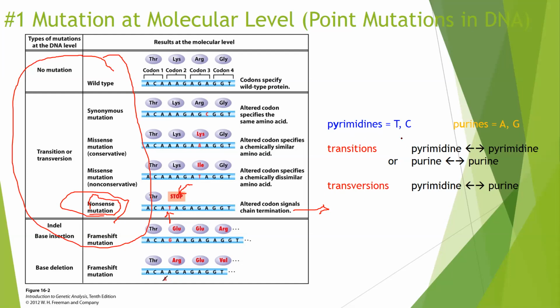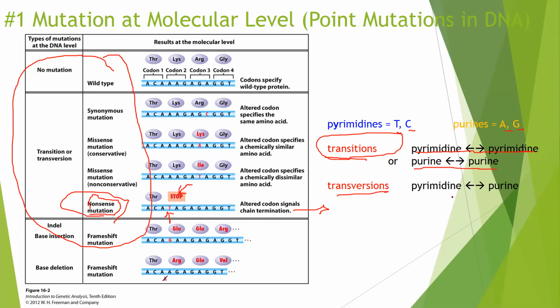Okay, and there are some other concepts here, the transition and the transversion. We all know that T and C belong to the pyrimidines, right? And A and G are the purines. If the mutation occurs between pyrimidine and pyrimidine, or between purine and purine, then we say this mutation is a transition.